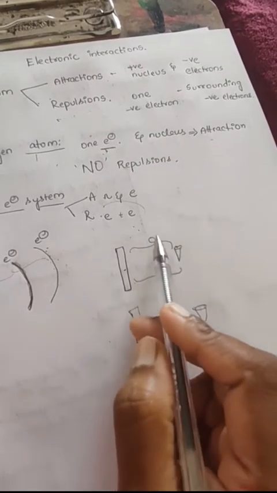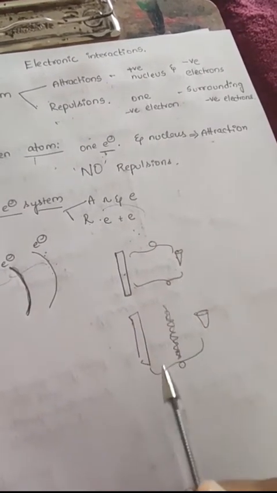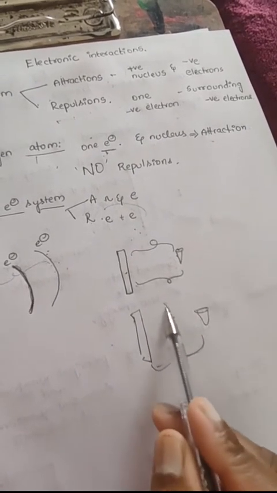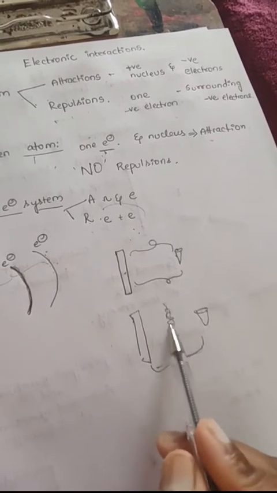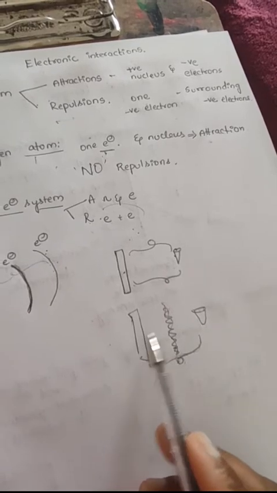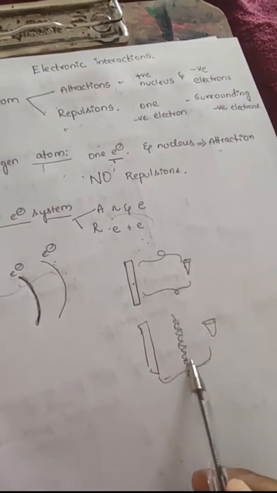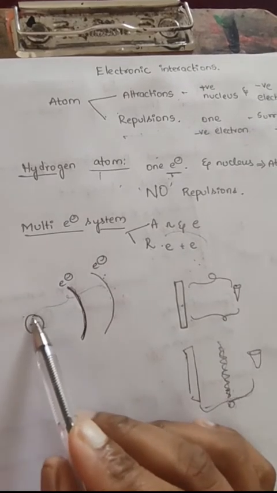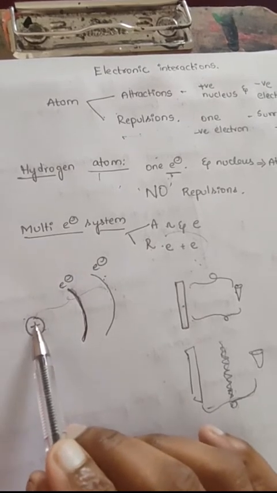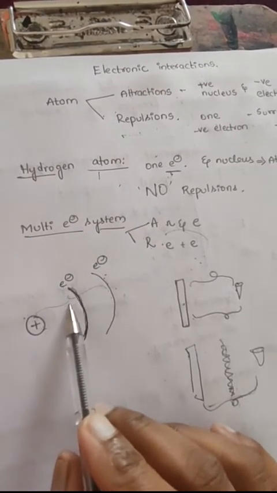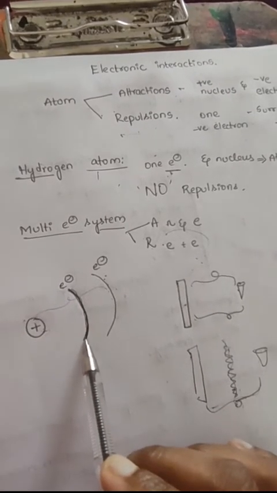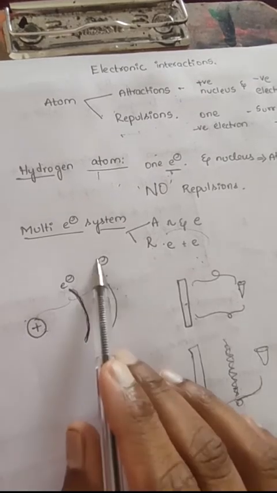Here the attraction force will be stronger when compared to this one. Why? Because these iron nails in between will reduce the magnetic power over this nail. In a similar way, the nuclear attraction coming from the nucleus can be reduced by the presence of the electrons in the inner shell over the outer shell electrons.